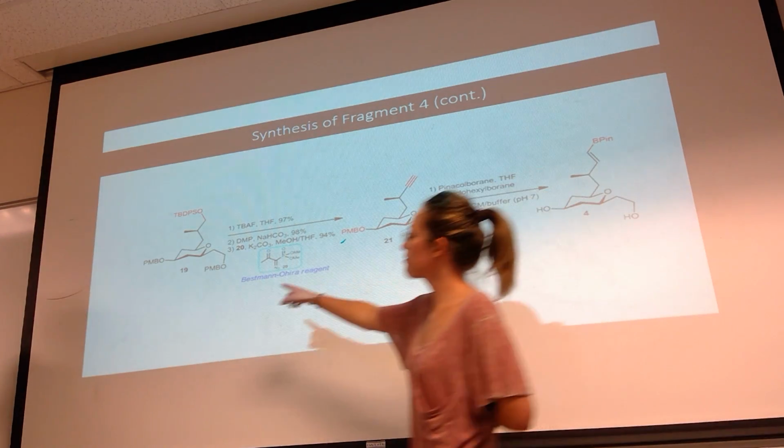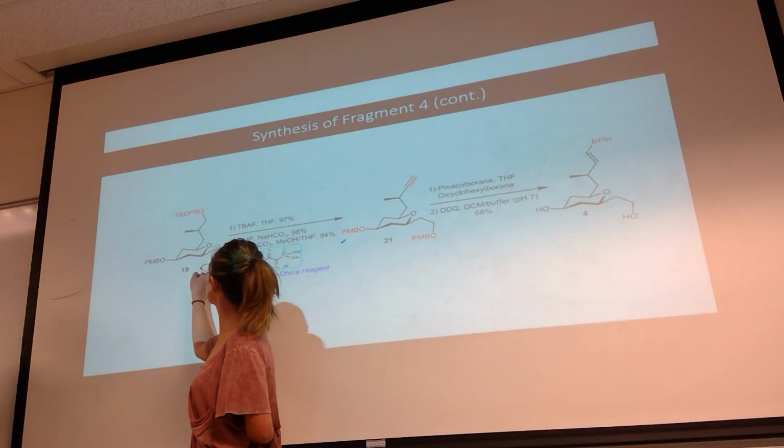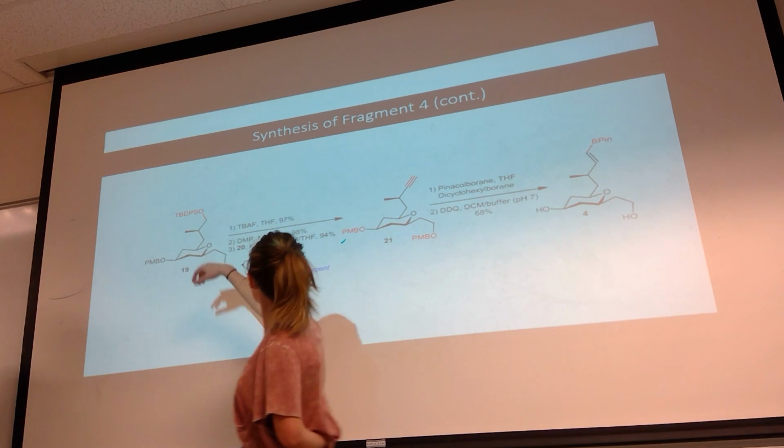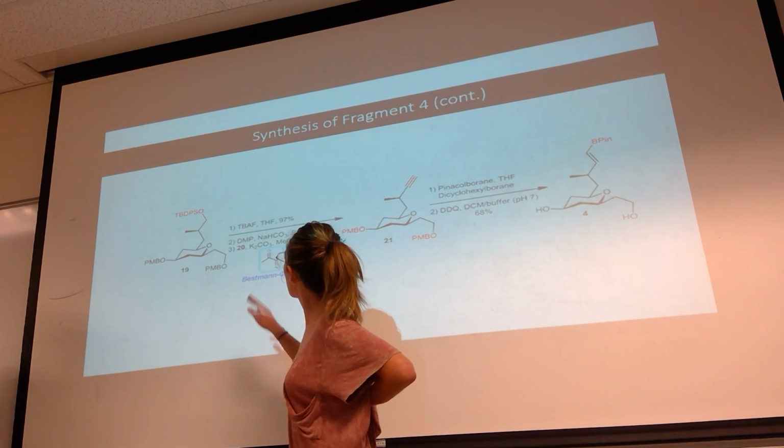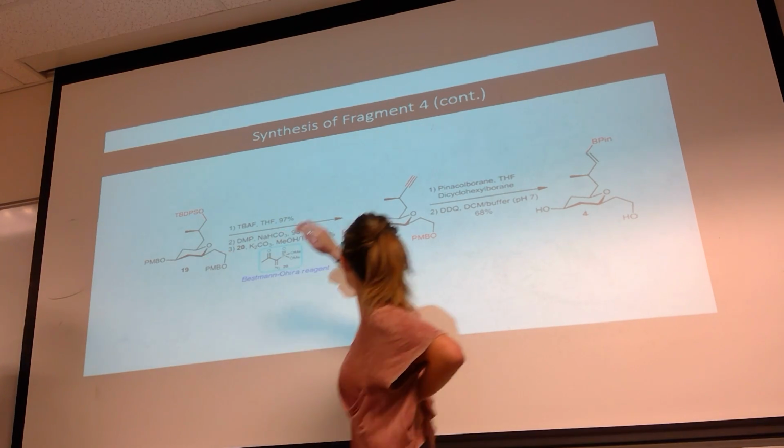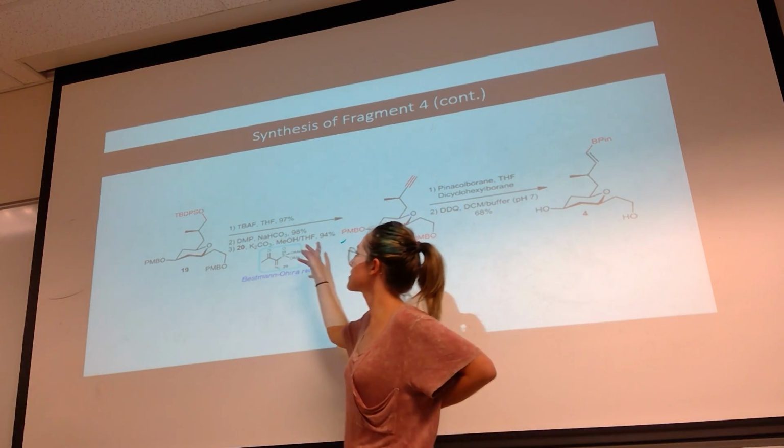Now we can see our PMB groups are protecting those oxygens, and then this right here, we're going to take this oxygen up here, form a terminal alkyne through 3 steps.